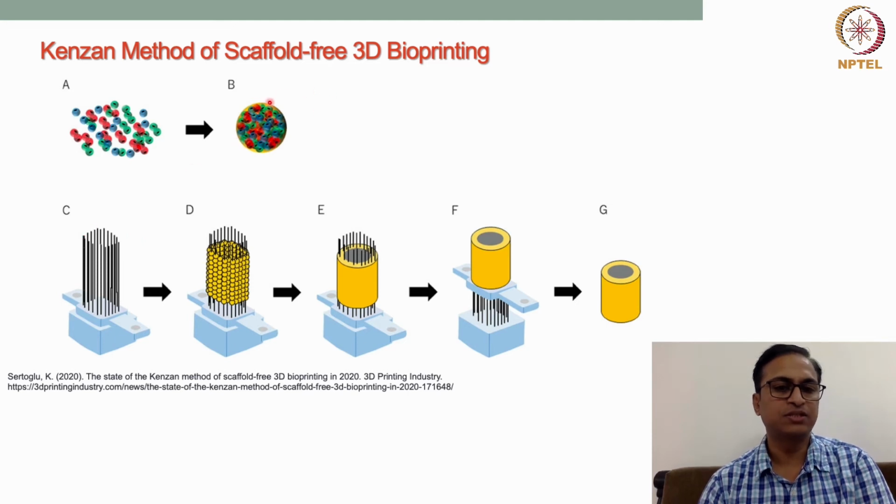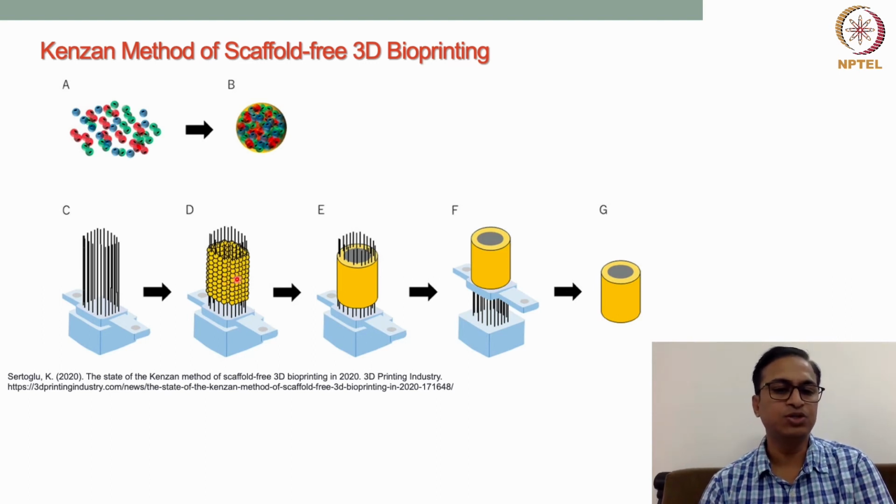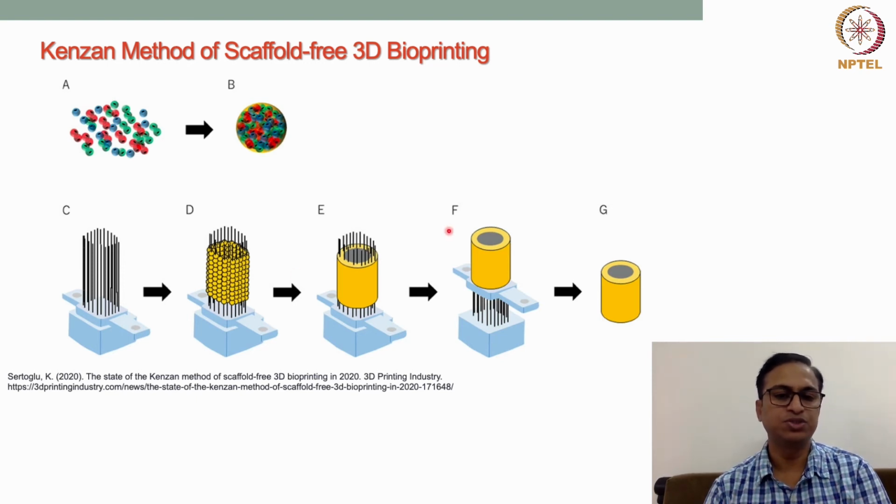So these spheroids are put into this micro needle array and stacked on the needles, and then they allow it to self assemble. When we put spheroids very close to each other, they assemble with each other, and the cells can migrate, and then they form a complete continuous tissue like structure.